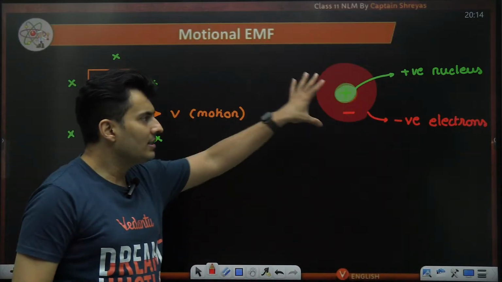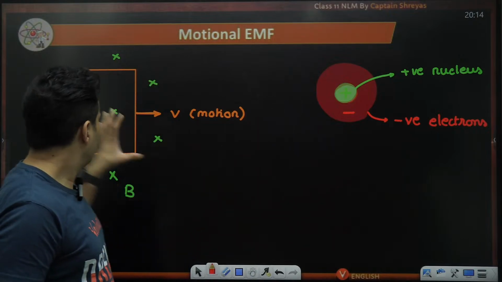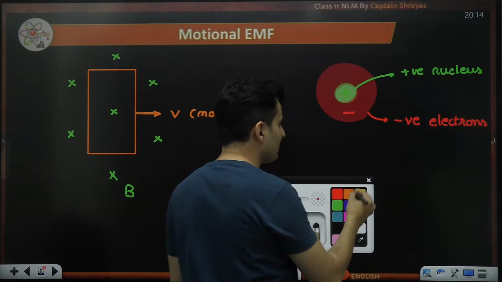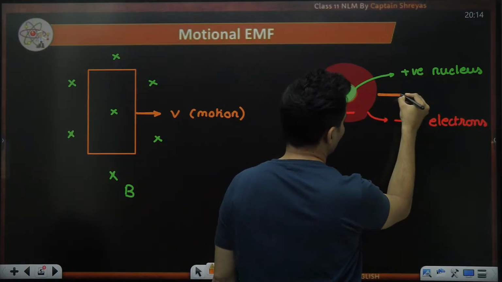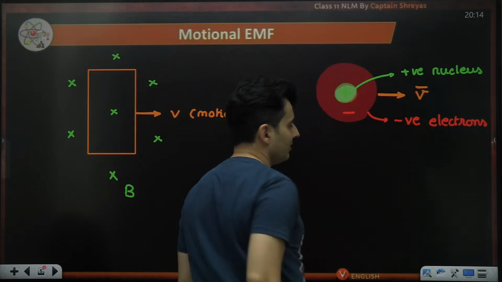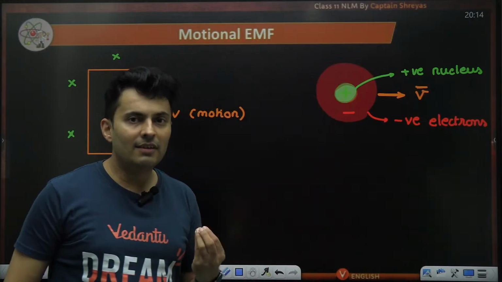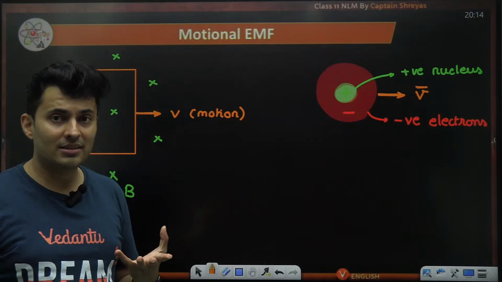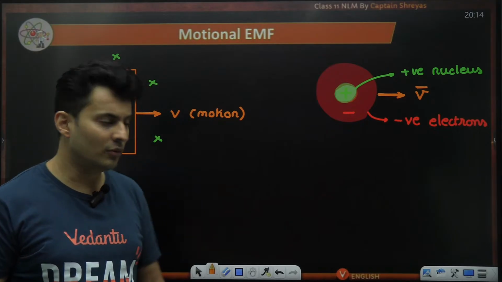Now, these are both charged particles. Because the conductor moves, even the atoms and molecules themselves will have to move. So this will also have some velocity which is directed this way. Whenever you move a charged particle in a magnetic field, what happens? Immediately there is a magnetic force on it.